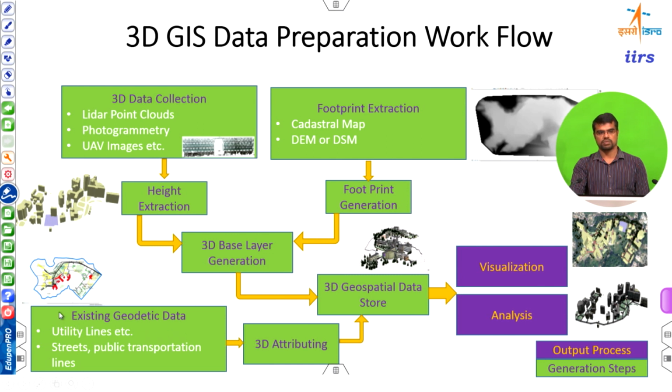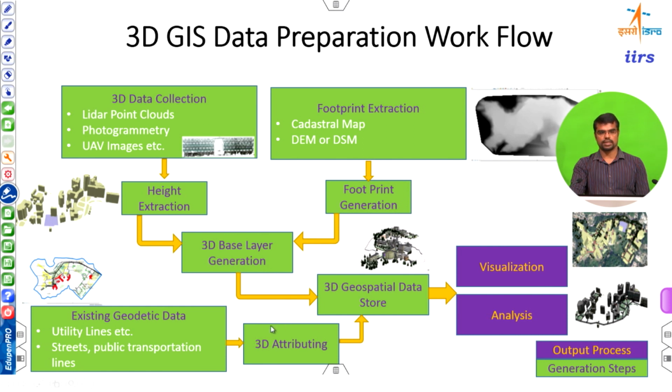For example, we can have road layers, different utility lines or different land use patterns. That can be linked with 3D attributing. Over here 3D attributing basically means that not only the lat long values, but we can also add the height values associated with each of those features.